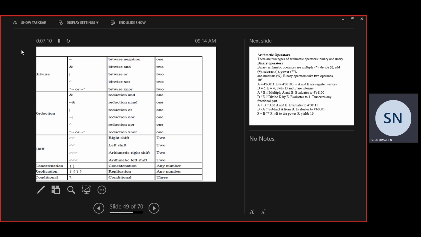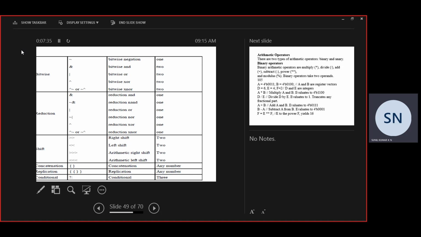And next one is the concatenation operator. Whenever we need to concatenate, concatenation means joining the two operands. If it is required, then you are going to use this operator. Replication is the same as concatenation, but double curly brackets are used, within which you can give any number, so that you can illustrate the replication operator.